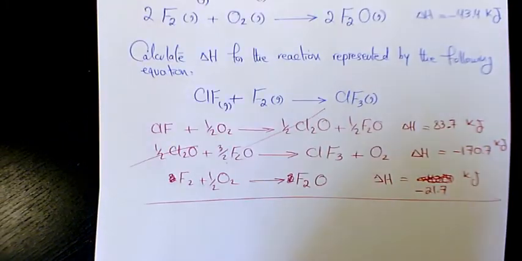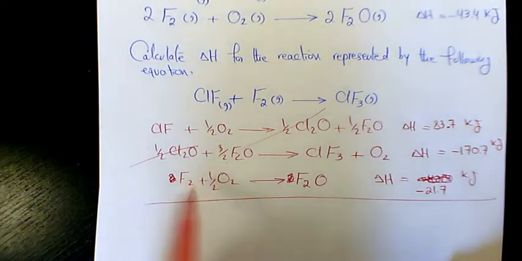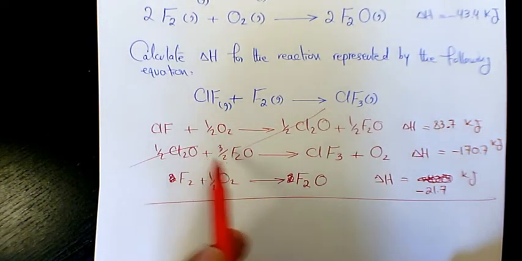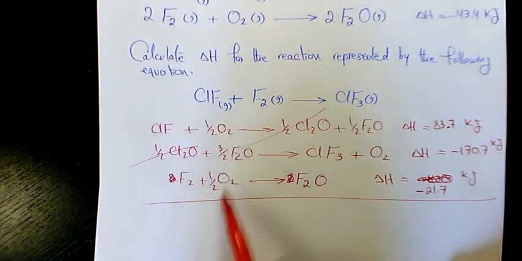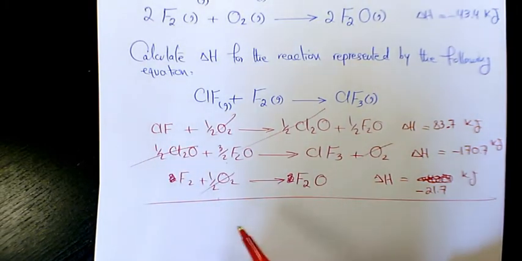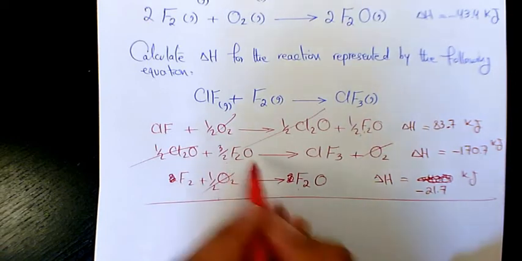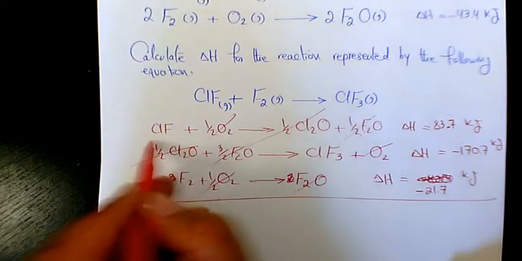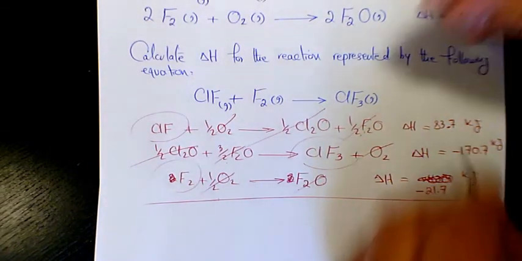So we have 1 over 2 and 1 over 2 and 1 in here, so this cancels out, and we have F2O, half of it, 1 in here, and here we have 1.5, so these 3 cancel out. We have ClF3, and we have F2 in here.